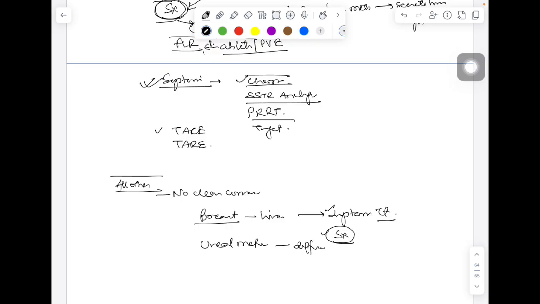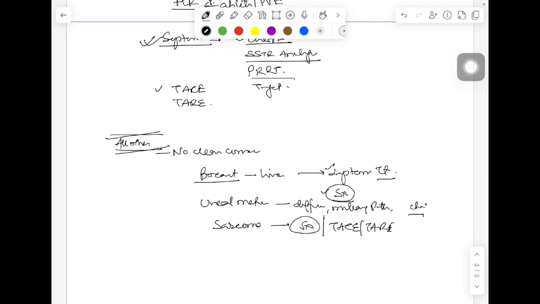It's a diffuse miliary pattern, so only chemo. Sarcoma, it depends; surgery is also beneficial. Small lesions, TACE, TARE. So apart from colorectal, which is peculiar for oligomets only to the liver, and neuroendocrine, which is peculiar for diffuse pattern where cytoreductive surgery is beneficial, for all others there is no guideline.